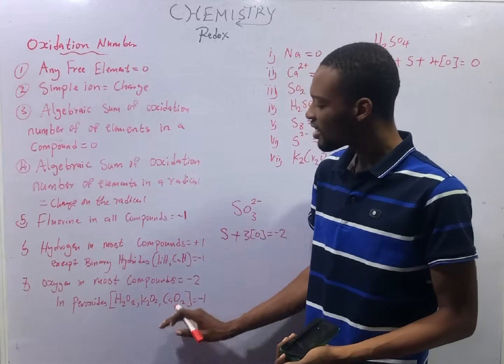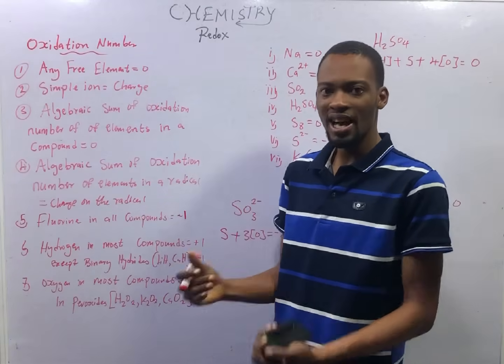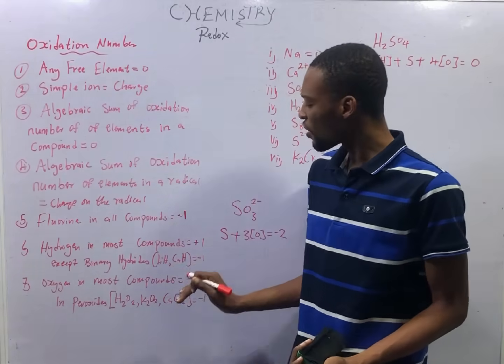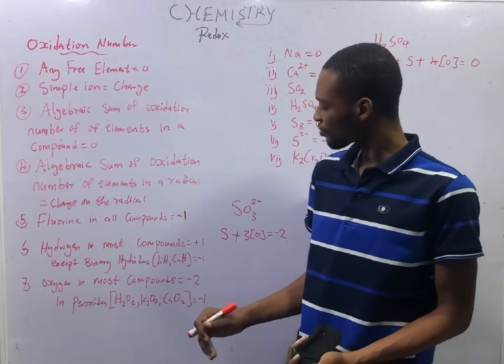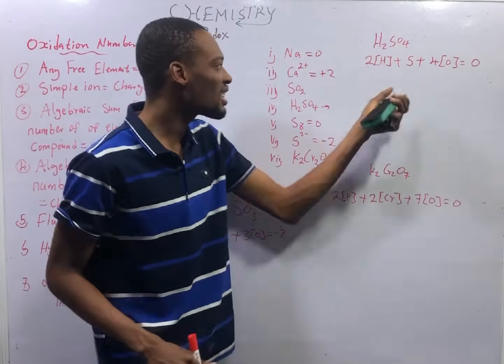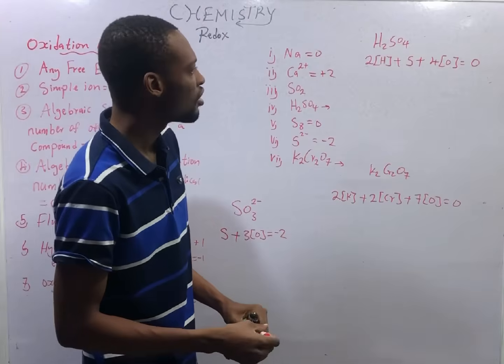Apart from peroxides, in most compounds you will see, the oxidation number of oxygen is -2. That being said, let's answer these questions.